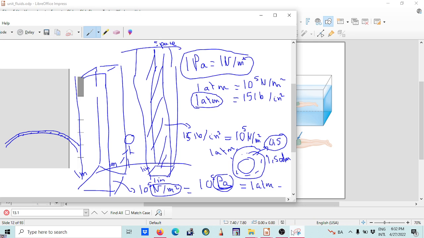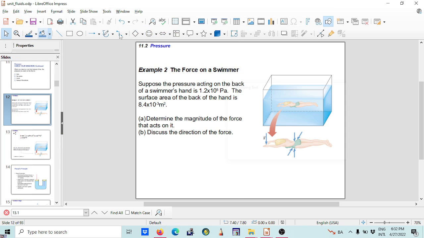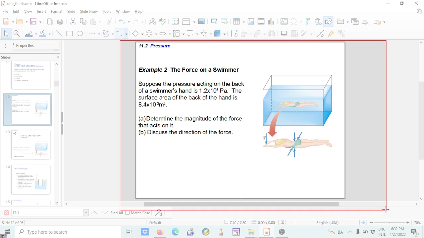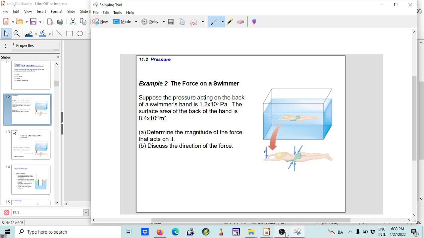And again, you should pause the video and try to solve this problem just by using the definition. I hope the video is working, because I don't want to start over.